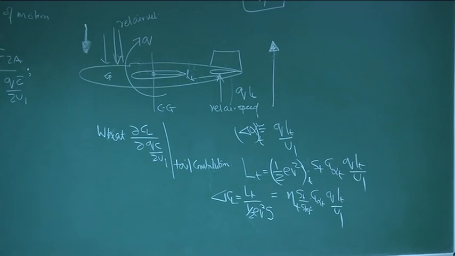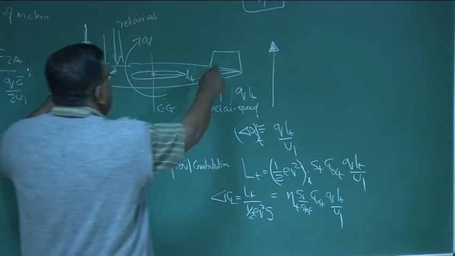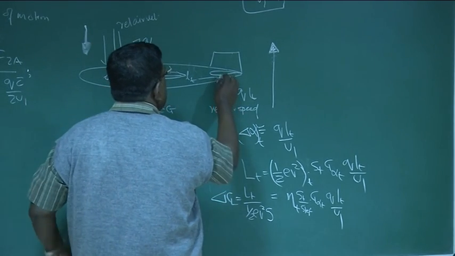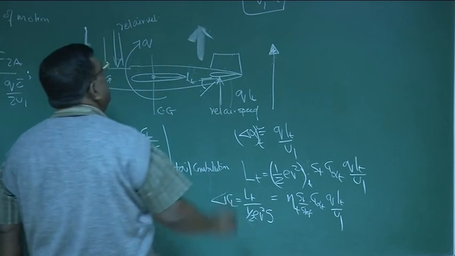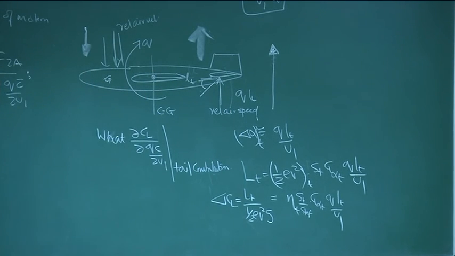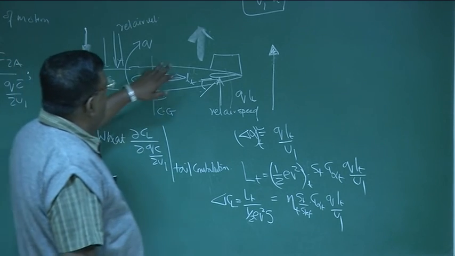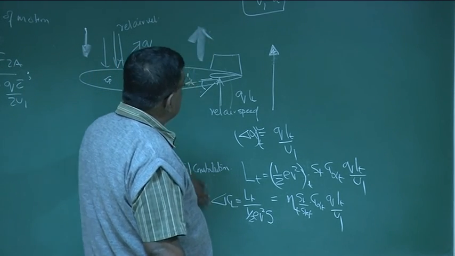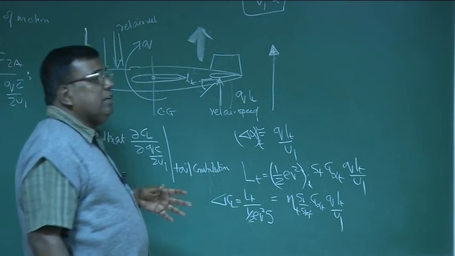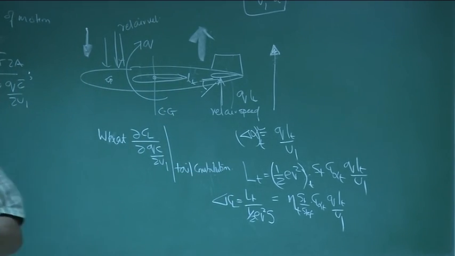And what will be its sign? You could see that if it is going down like this, relative air is like this, so alpha is positive, so delta CL will be in the lift direction. As per the convention, lift direction is opposite to the Z direction, for small alpha. So whatever you get here, as far as CL is concerned, it is positive, but when you transform it into the Z direction, then it becomes negative.